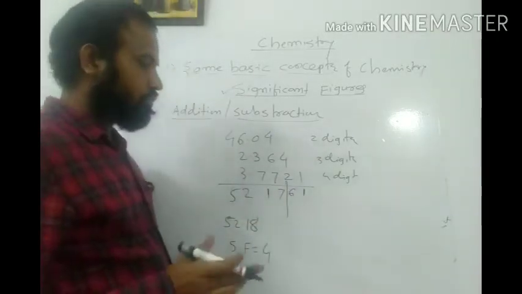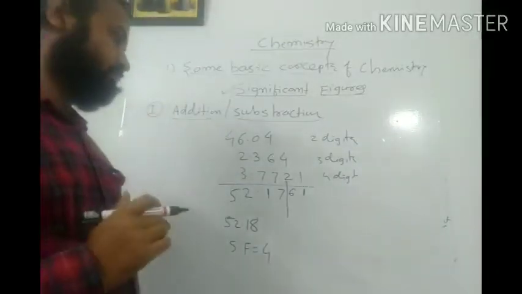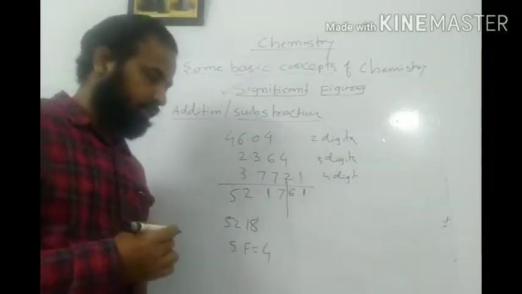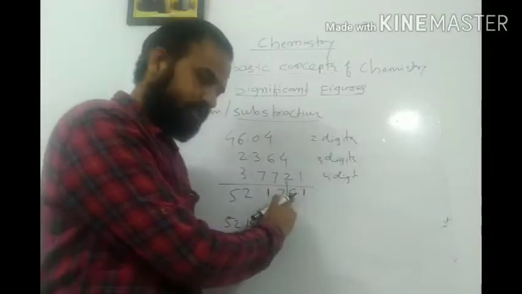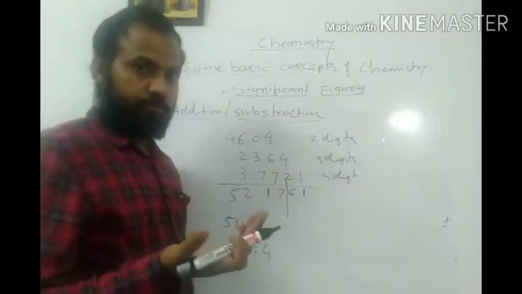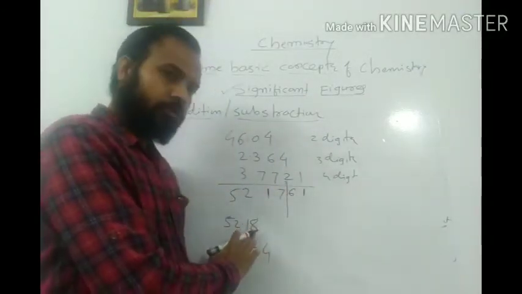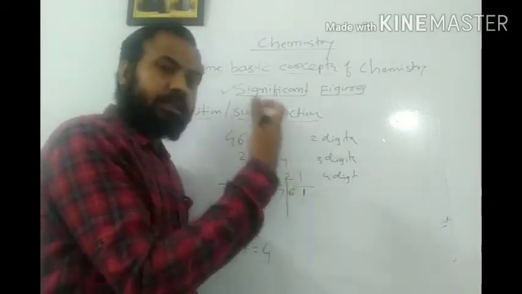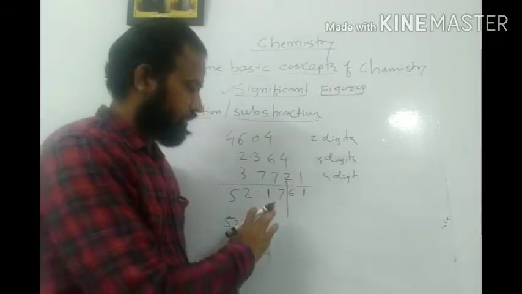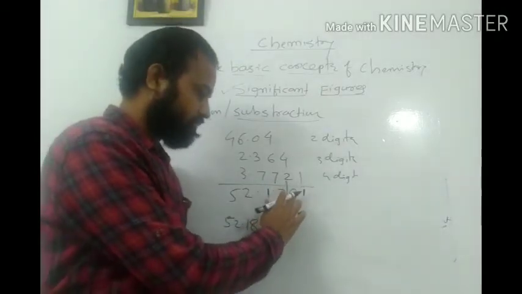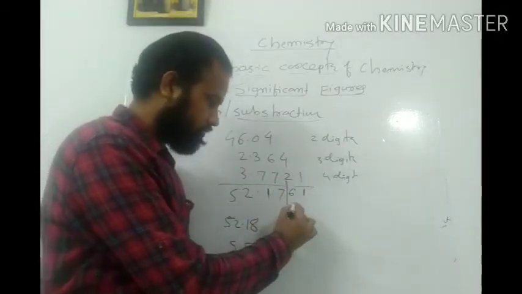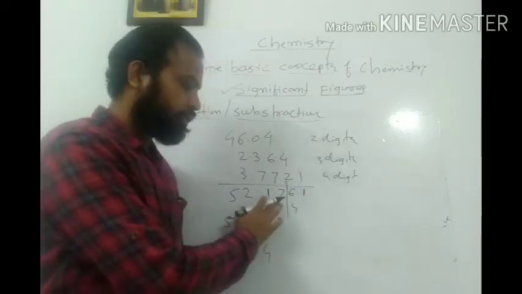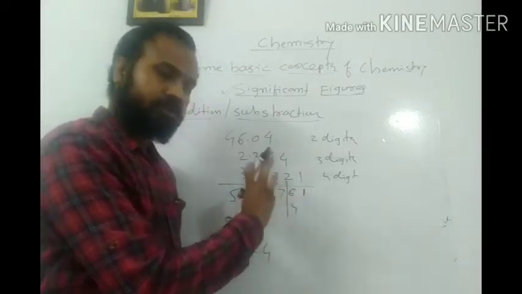Okay, now most of the times students get confused, so I will give you a detailed explanation of this. Let us say this digit is greater than 5, so accordingly I am going to add 1 to this digit. If this digit is less than 5, there is no need to add, isn't it? If instead of this 6 there is a 4, then there is no need to correct this 52.17, it stays as it is.